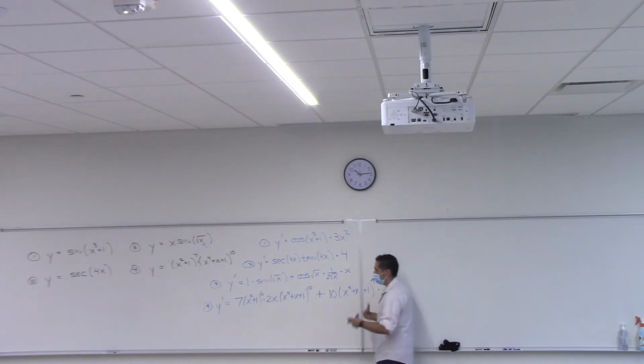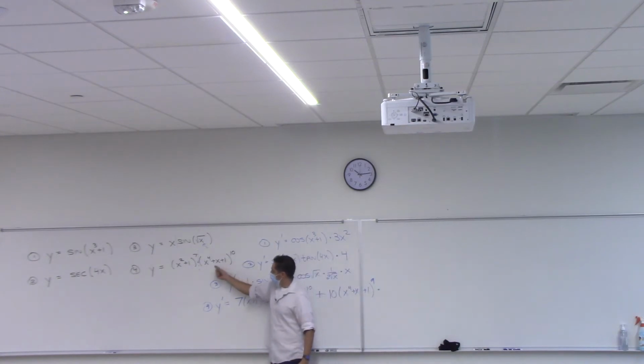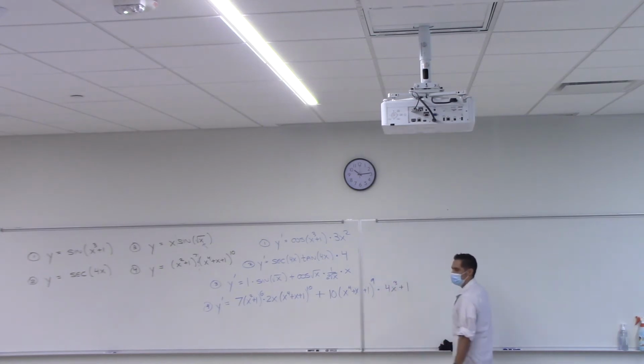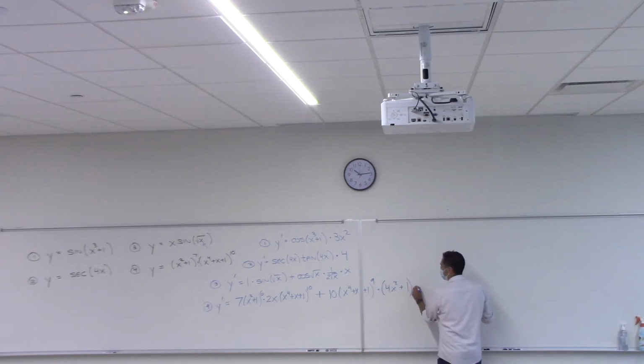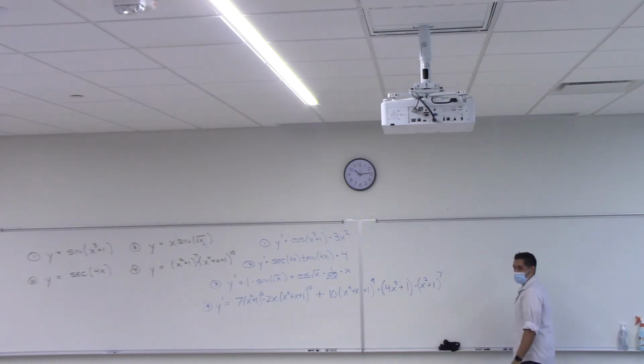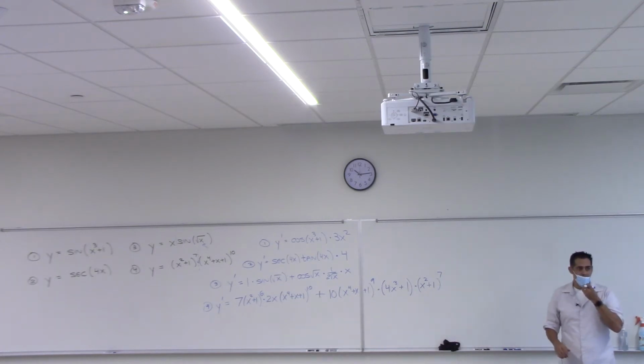Times, keep going, chain rule here, the derivative of what's in here, right? 4x cubed plus 1, times, gotta have parentheses here, x squared plus 1 to the 7th. That's your derivative of the fourth one.